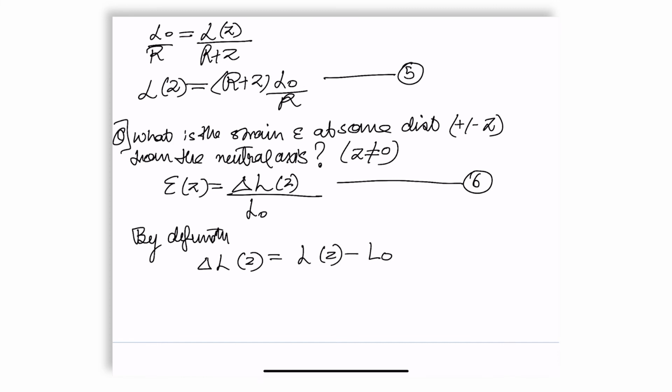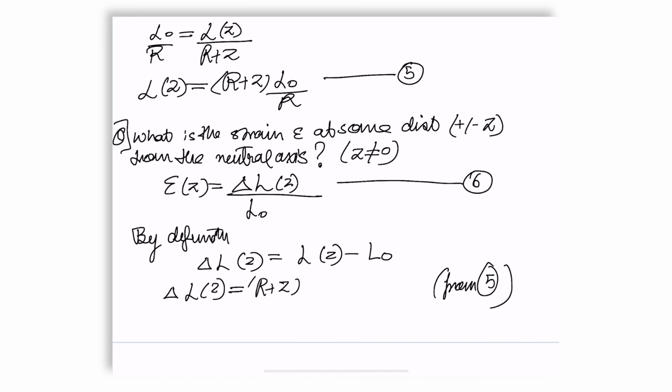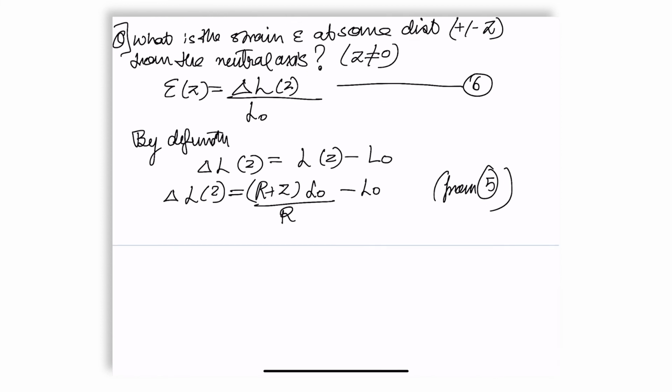That is the meaning of change in L. So delta LZ, by substituting now with the expression we have from equation 5, can be written as delta L of Z is equal to R plus Z times L naught upon R minus L naught.